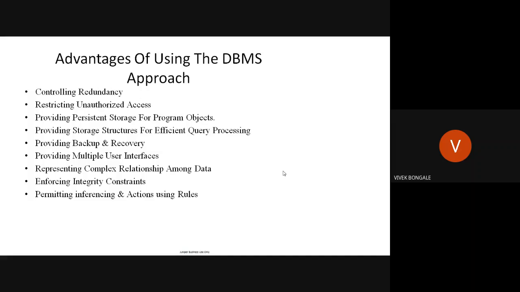So if we apply a trigger, when new data is added to the database, the DBMS triggers that action. The database sends that mail to the newly added data. That is what permitting inference and actions using rules means.